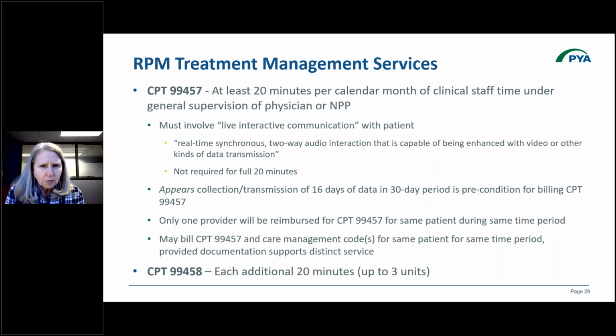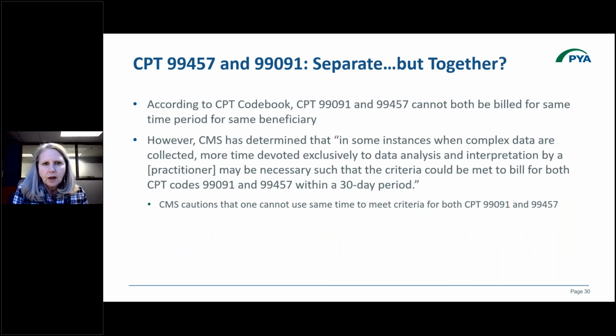Of note, we'll get to that in just a second when we compare the reimbursement. Interestingly, if you read the CPT code book, it says that 99457, the remote RTM treatment management services, cannot be billed with 99091. CMS takes a different view and says, in fact, in some instances, when it's a complex case and time needs to be spent analyzing that data, then it would be appropriate to bill 99091 as well as the treatment management services in 99457.